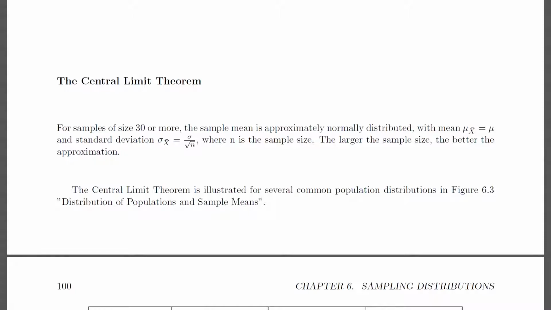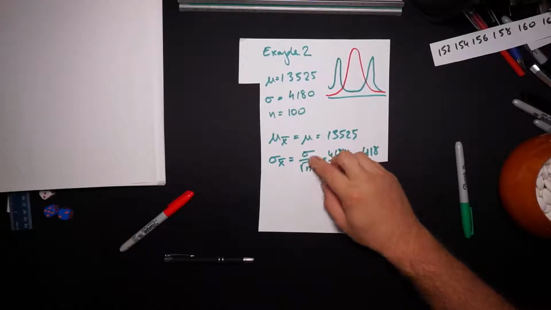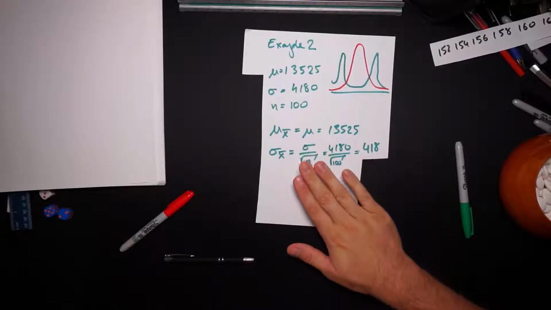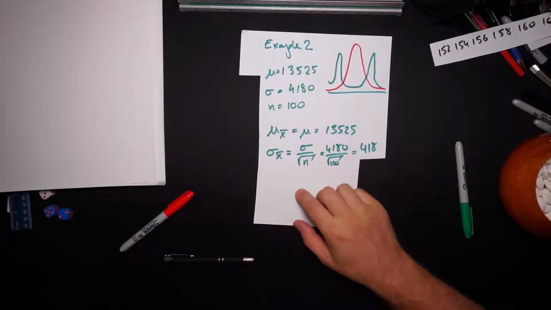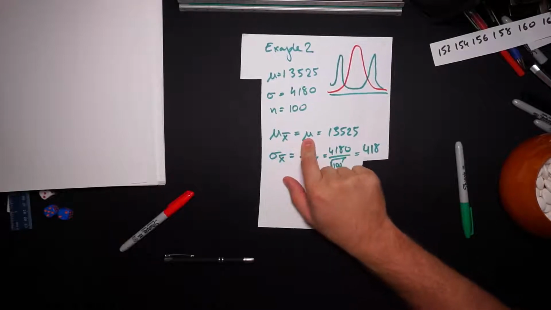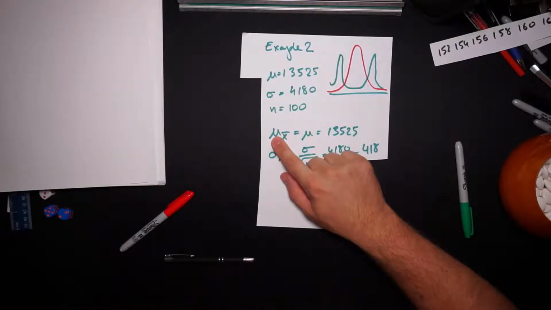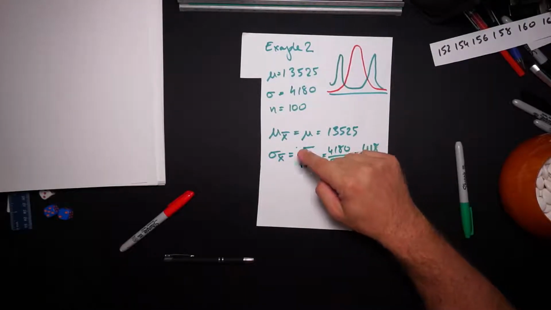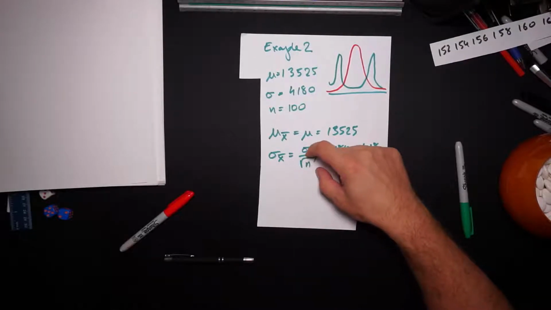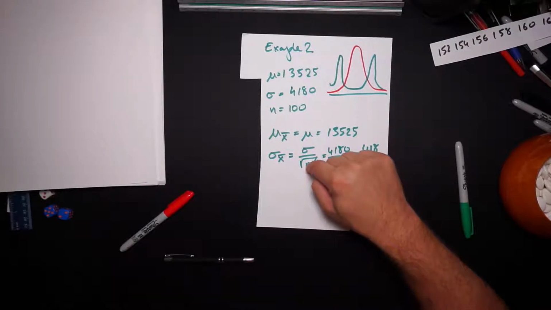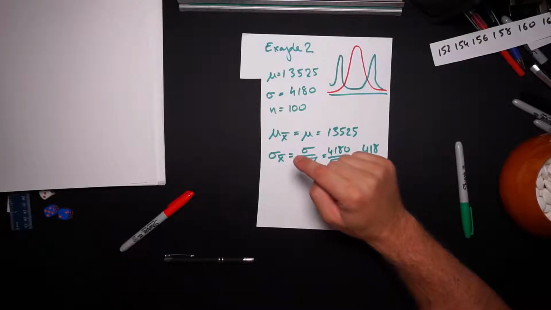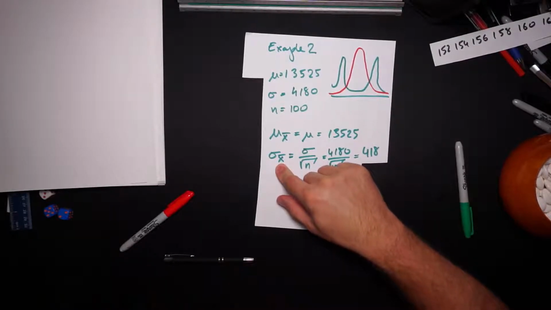In our case, let's go with 30 or more, then this applies. The mean of the population is the mean of the sample means, and the population standard deviation divided by the square root of the sample size gives you the standard deviation of the sample means.